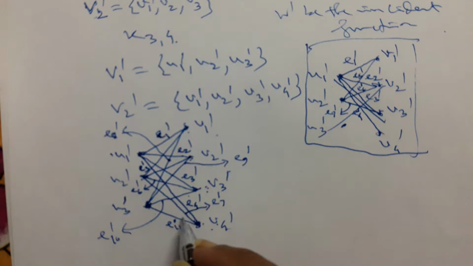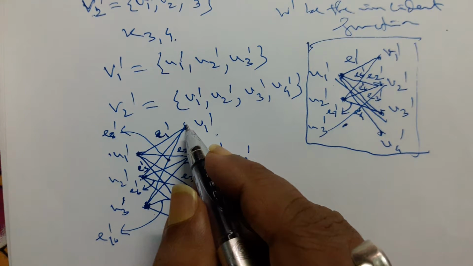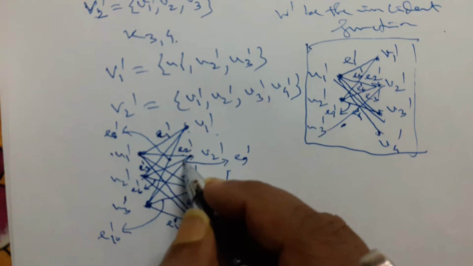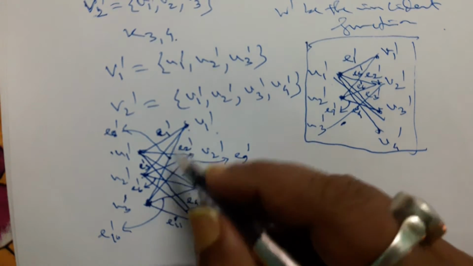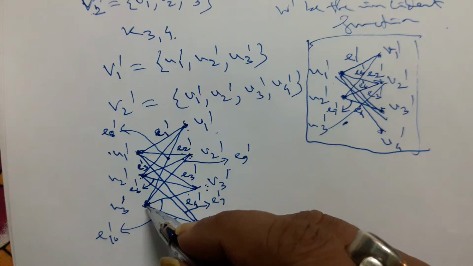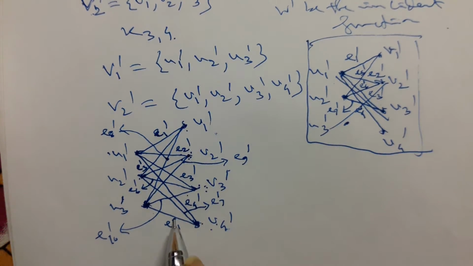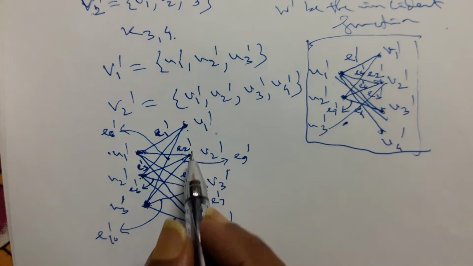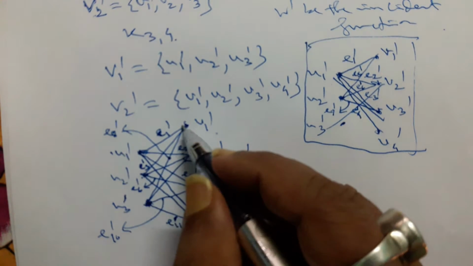The last elements are e8 dash, e9 dash, e10 dash and e11 dash. e1 dash, e2 dash, e3 dash, e4 dash, e5 dash.